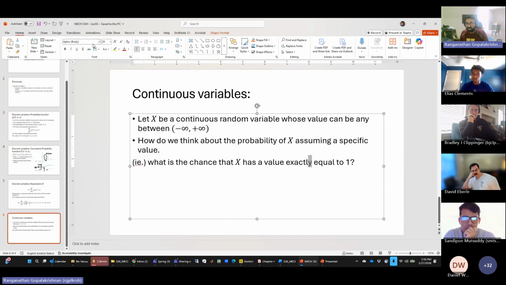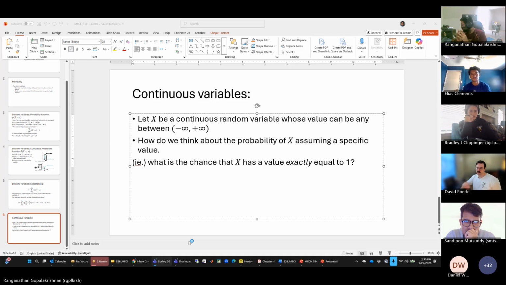Exactly is the keyword here. I'm not talking about 1.01 or 0.99. I'm talking about the value of X being exactly equal to 1. Before we go into the theory and how this is mathematically constructed, what is your gut instinct on the continuous random variable assuming a very exact value with high precision?